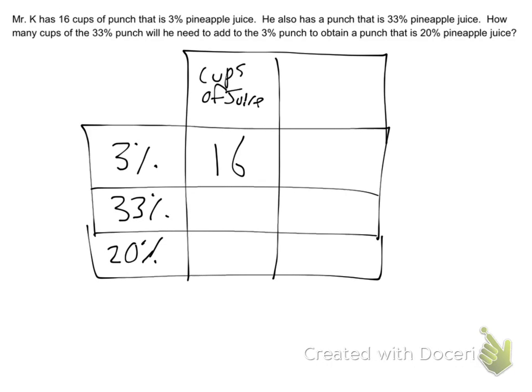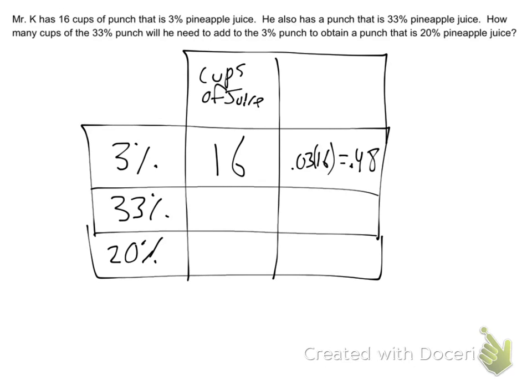No different here with the juice. If I take 16 cups of juice, which happens to be 3%, and multiply those two together, 0.03 times 16, I will end up with what? Get your calculator out. 0.48 cups of a certain type of juice: pineapple juice.